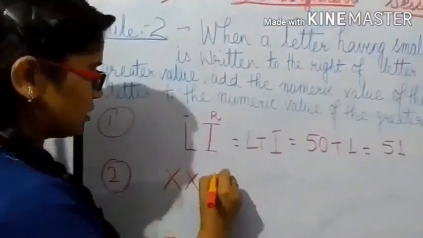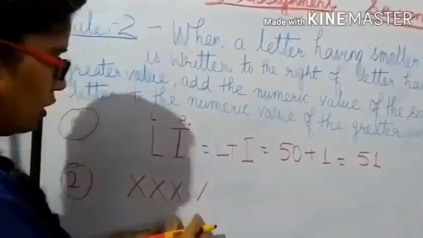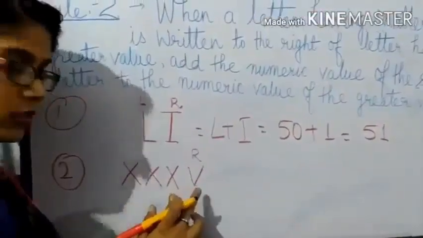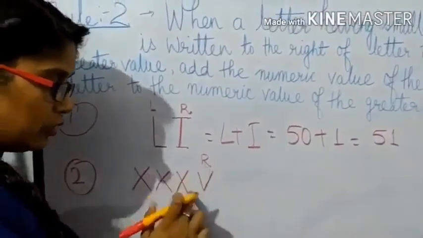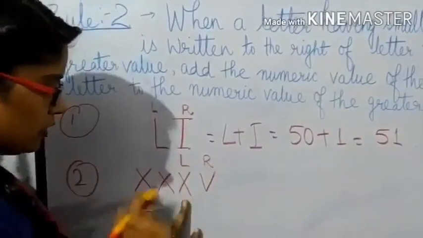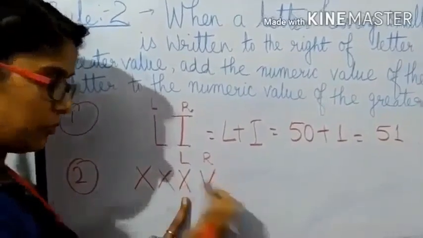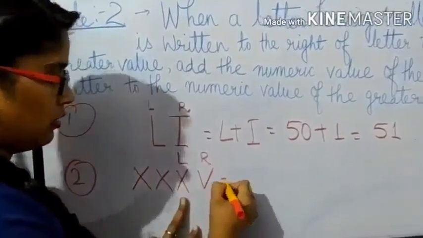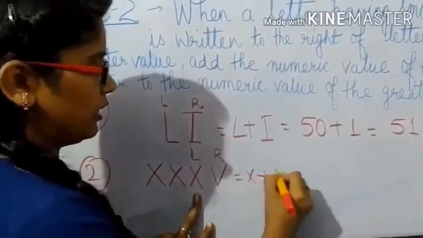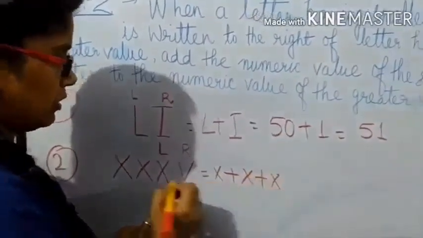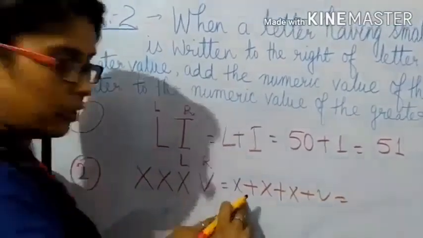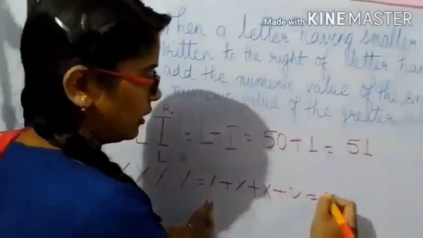Now I am taking the second example, XXXV. Here you can also see, children, V is standing on the right side of X. And now these 3 X are repeated, that's why we will add this. So X plus X plus X plus V. So the value of X is what? 10, that I taught you.